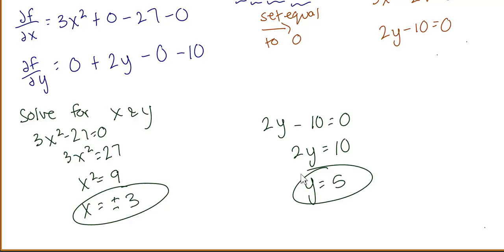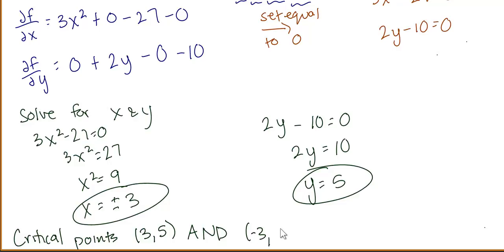Okay. That means my critical points are 3, 5 and negative 3, 5. These are possible maximums or minimums.